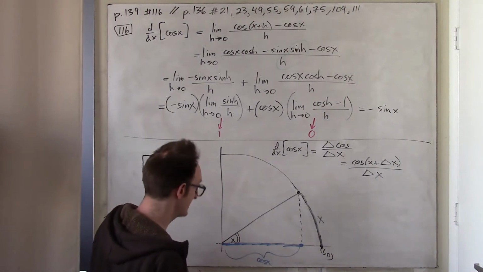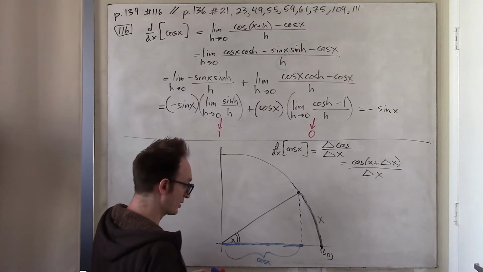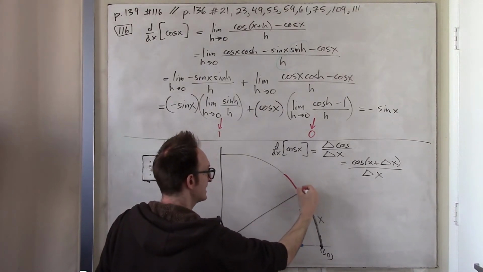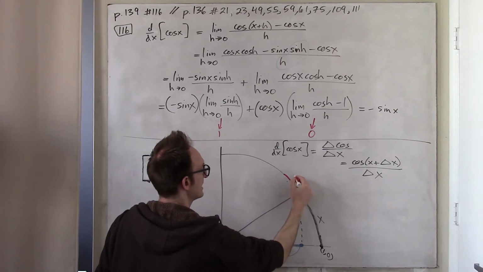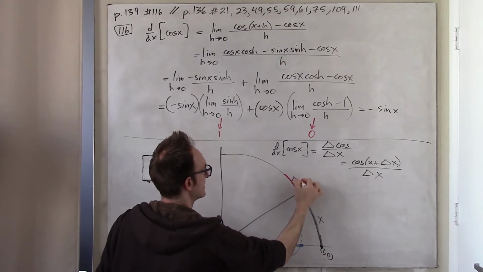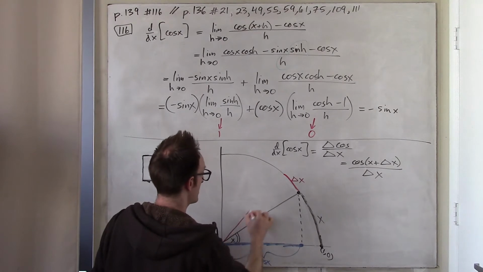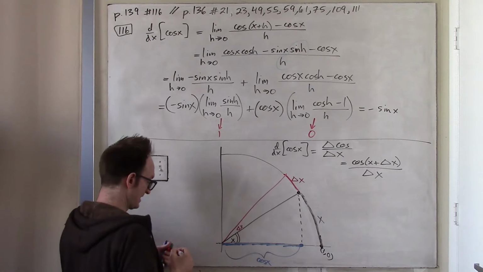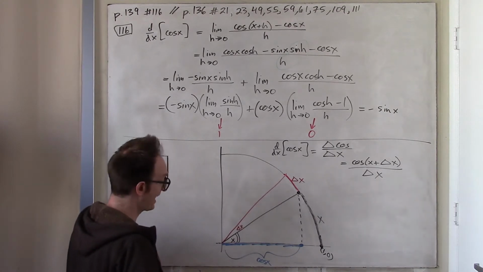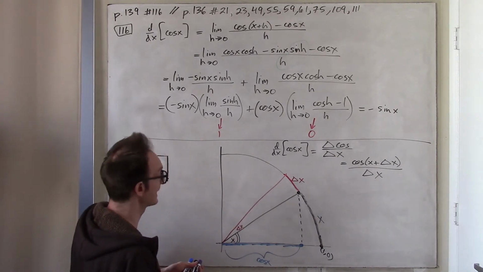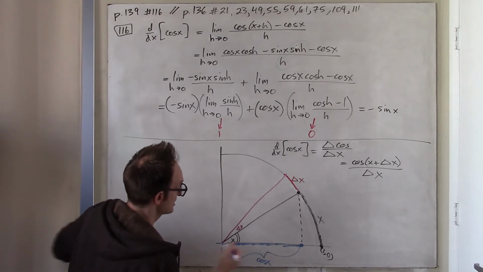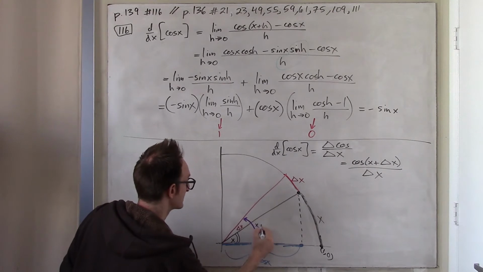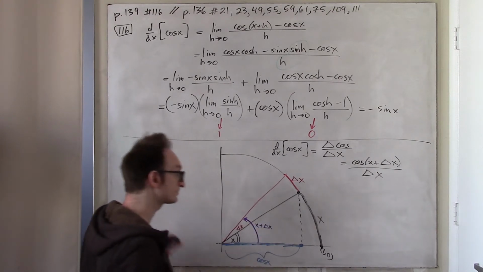Okay, so let's let this x coordinate be a tiny bit bigger. So this then perhaps here is delta x. So this little angle is delta x, and so I've let this angle get a little bit bigger, so that this whole thing is x plus delta x.